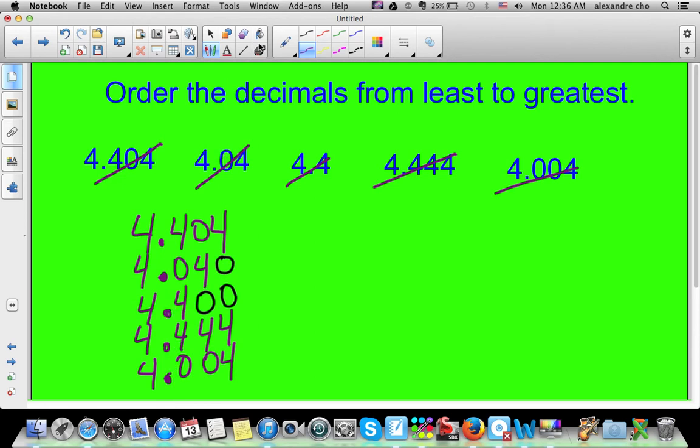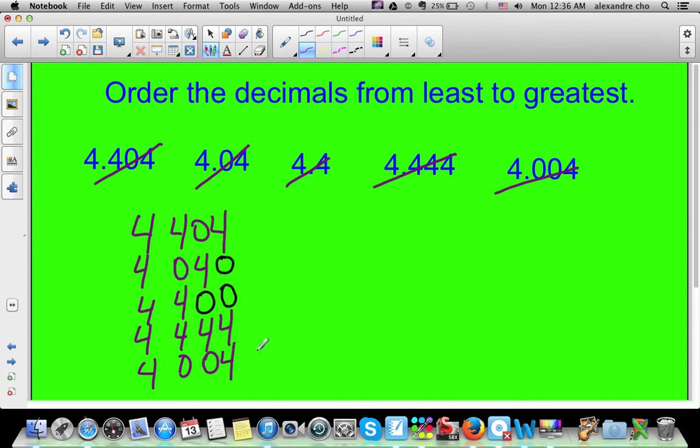So I'm going to erase these decimals. Just for now, because you have to put them back, which number would be the greatest? This would read 4,404. This would be 4,040. This would be 4,400, 4,044, and 4,004.